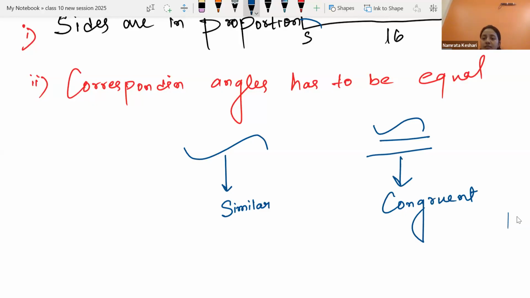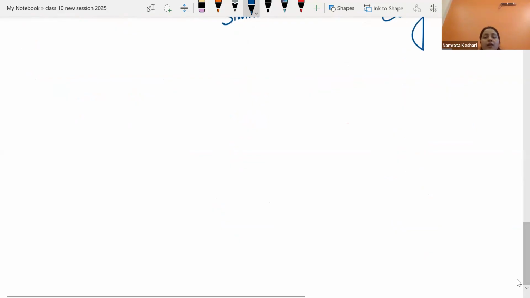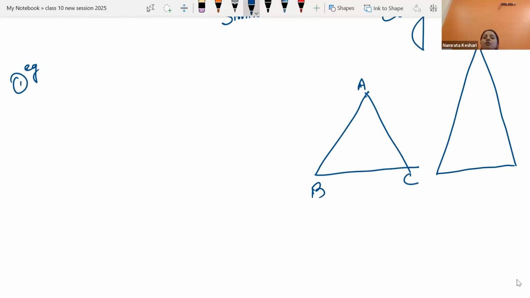Now, once you have understood what exactly is the meaning of similarity, let's take a few cases. Suppose example number 1 says we have a triangle ABC and we have another triangle PQR. You will often find me creating this type of figure which are not exactly equal.